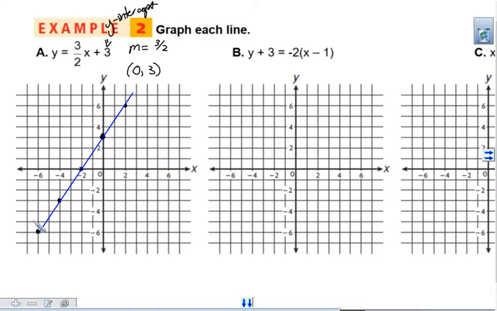And then make sure you have an arrow at both ends to show that it's a line.